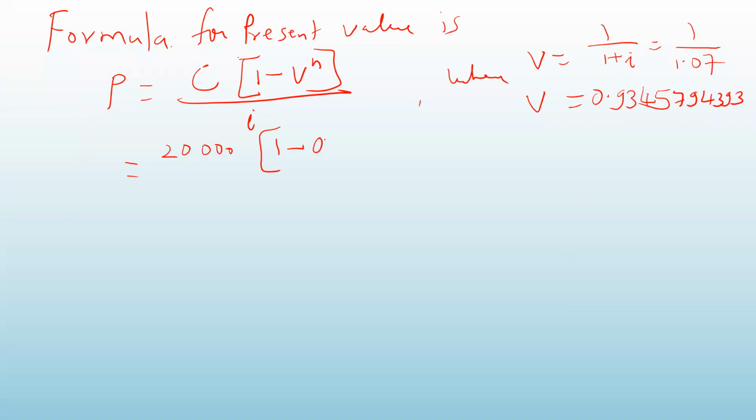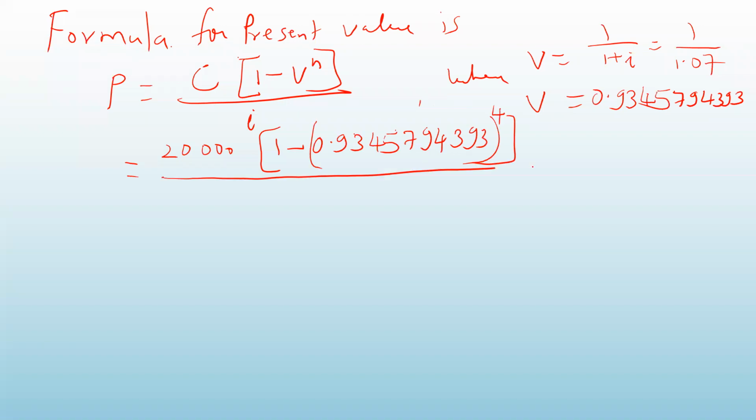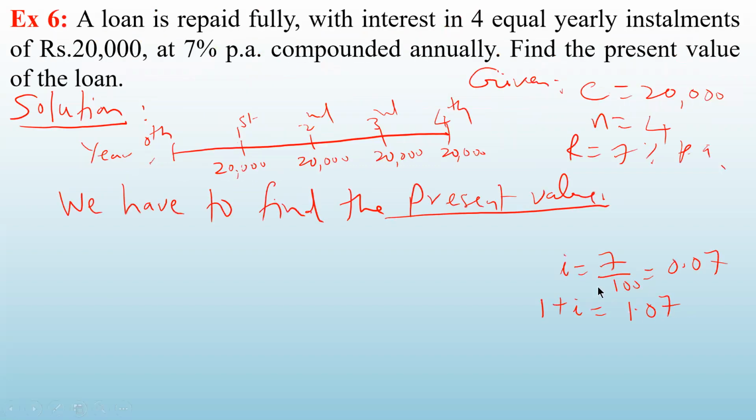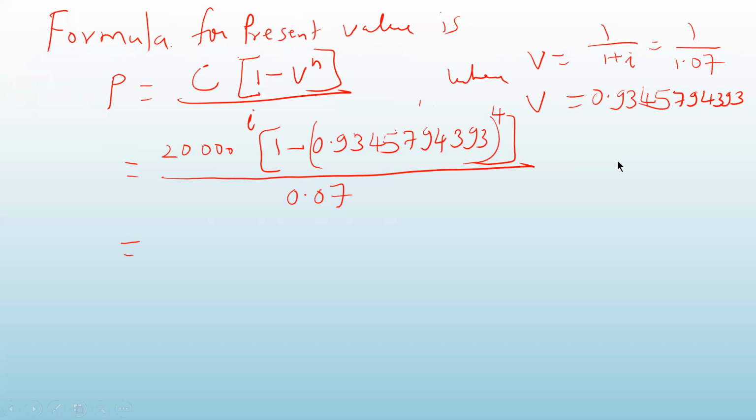This is the value of V, raised to power 4. In 4 installments, he is repaying the loan. I is 0.07, and N is 4, correct. Now this number is already on the screen of your calculator, so you have to take its power 4. So multiply and press equal sign 3 times.